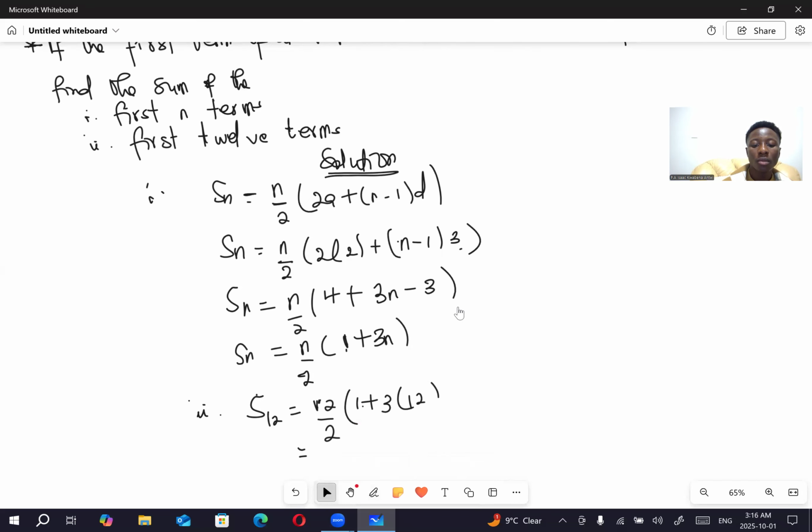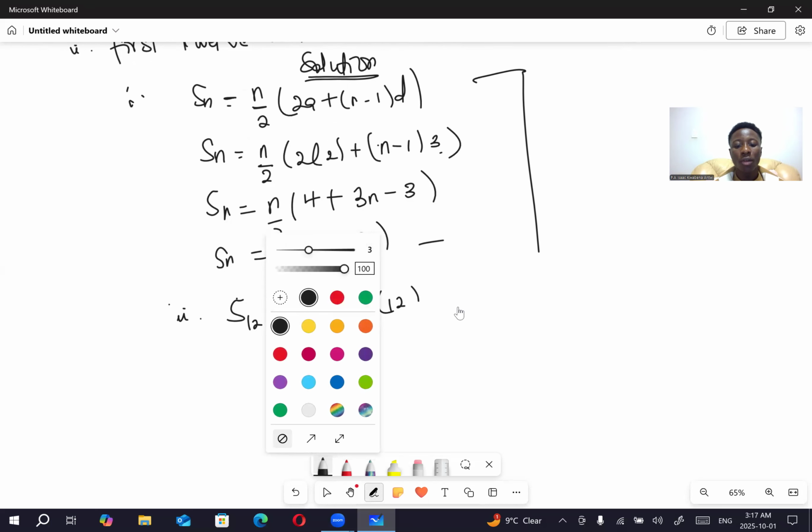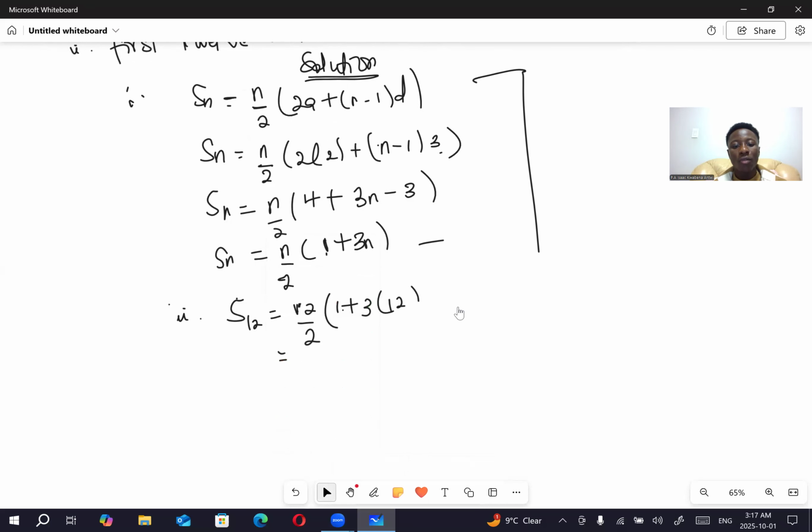Sir, please, I don't understand that one. I'm just inferring. There's a formula to find the sum of the first n terms, right? When you know the first term is 2 and the common difference is 3. The question follows itself, it's a build-on question.